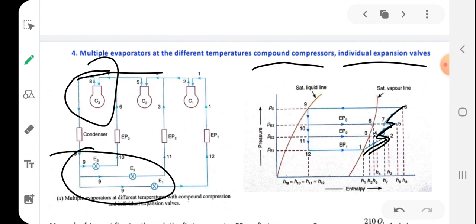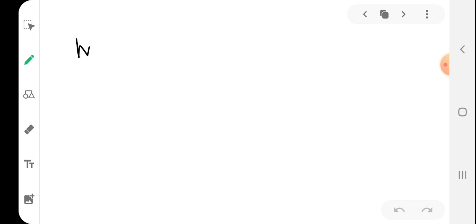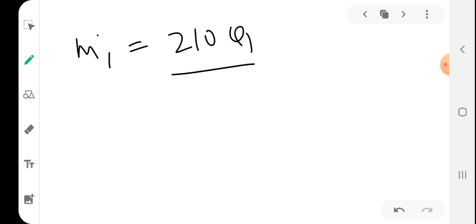So I think not much explanation is required. You can calculate m1, m2 and m3 using the load equation. m1 dot is 210 Q1 by h1 minus h12. Similarly m2 dot.